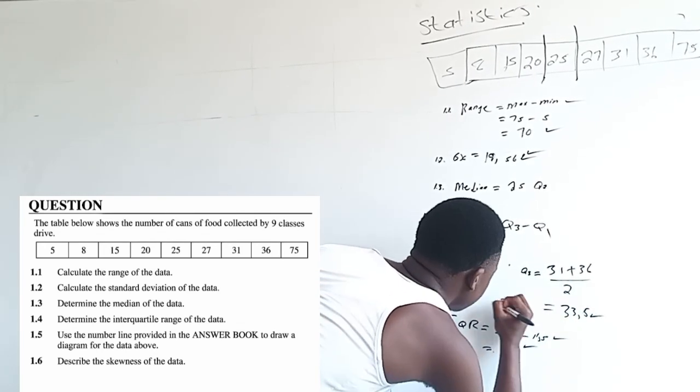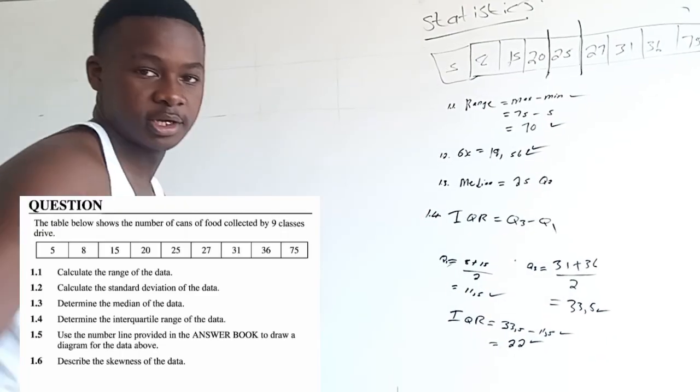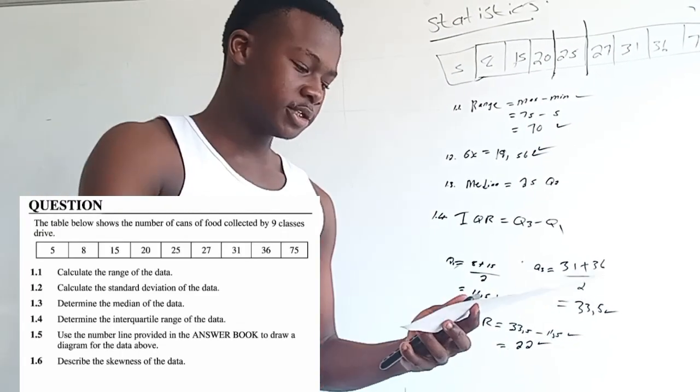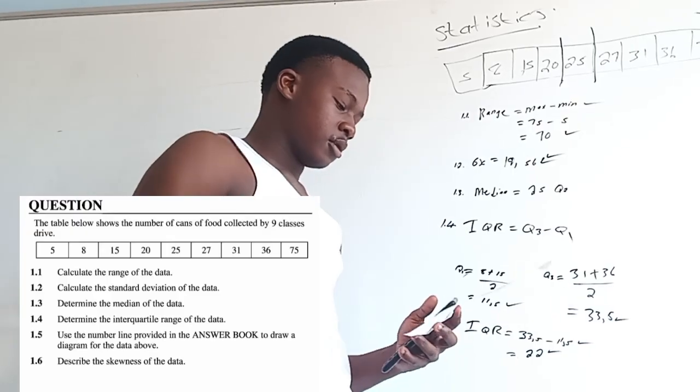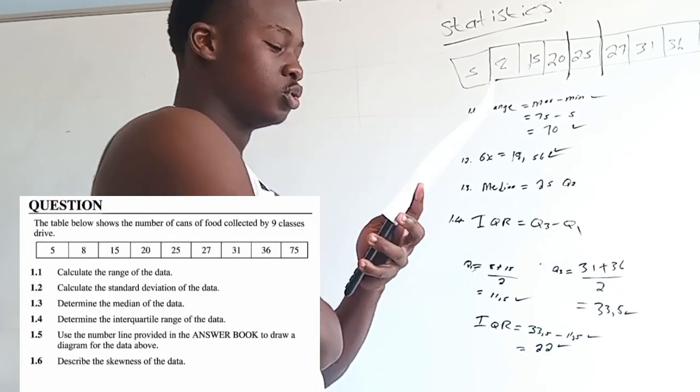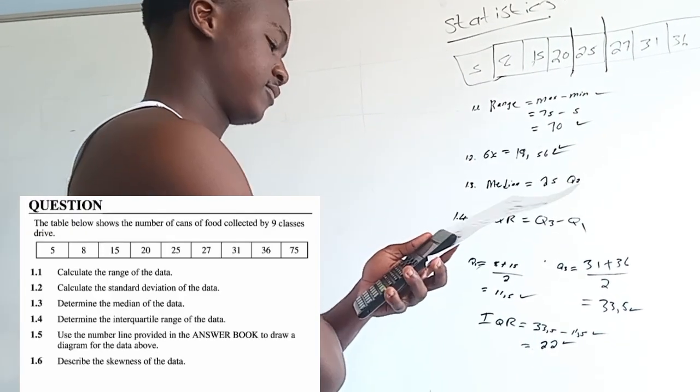So this is our interquartile range, guys. Simple. And then we go to 1.5.